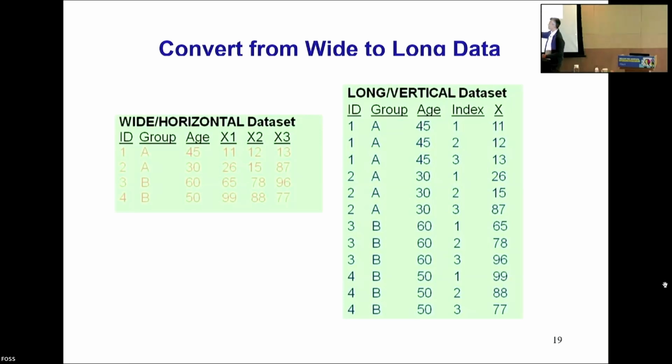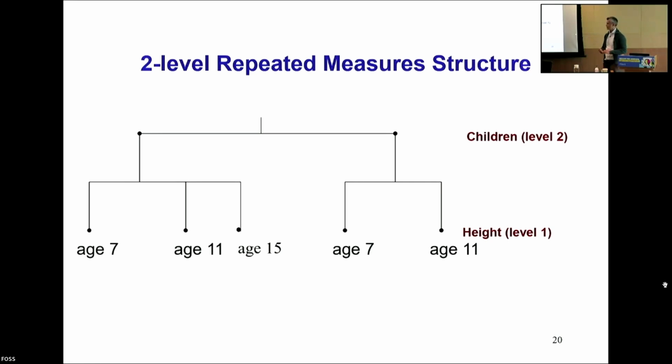So the person becomes level 2, and the occasion becomes level 1. Conceptually, it's just like when you had different people belonging to one group, and another set of people belonging to another group. So conceptually, it's the same as a standard multi-level model, but one in which the period is at level 1 and the individual ID is at level 2.